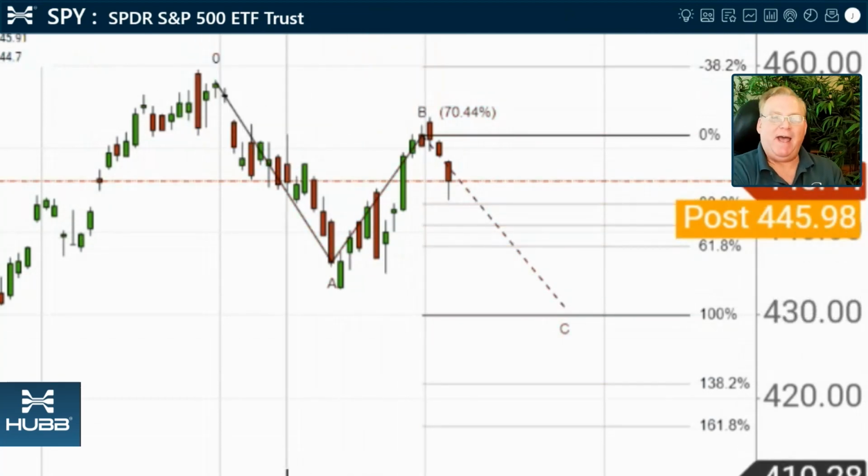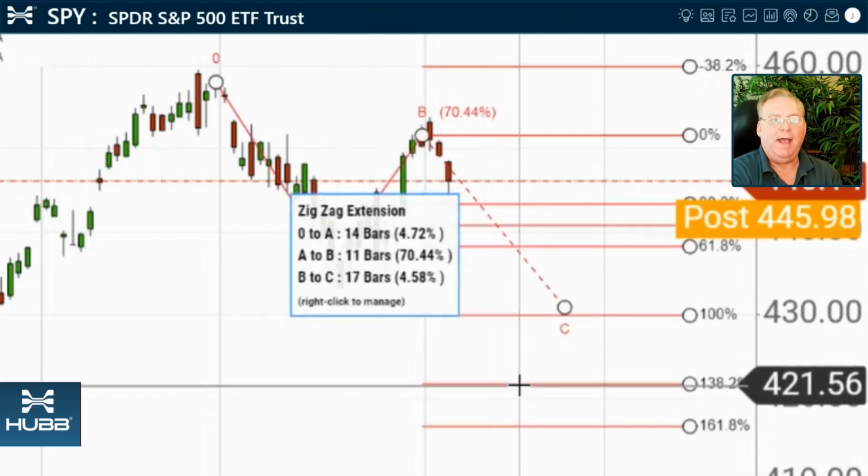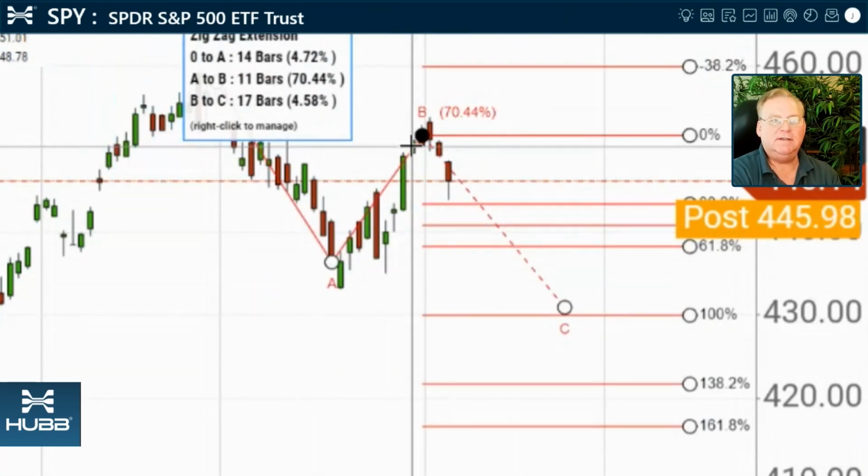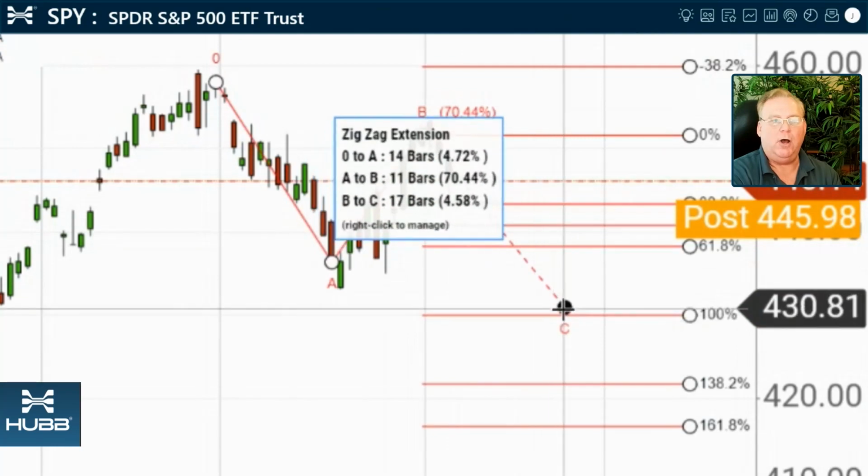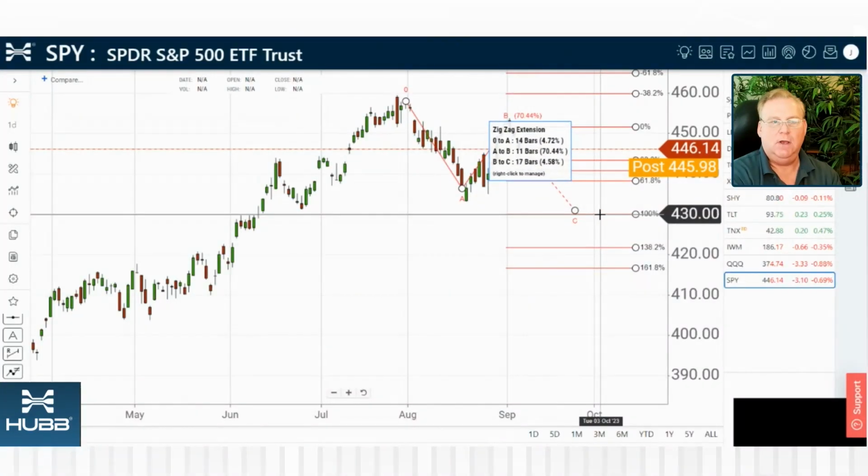Well, this pattern is showing that we could possibly retest that target here in the next week or so. And when I drew that zigzag pattern out, look where the 100% extension is. It's right at that 430 target.